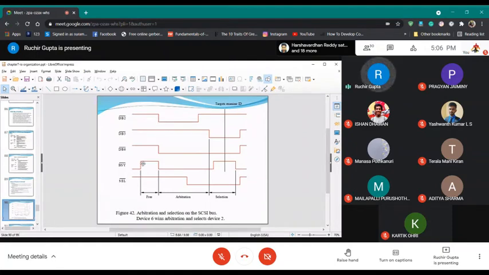As soon as they realize that there was a busy signal, and some of them would have put in a busy signal, in this case DB2 and DB6 have asserted a busy signal. So they will see who is actually trying to make the transfer.